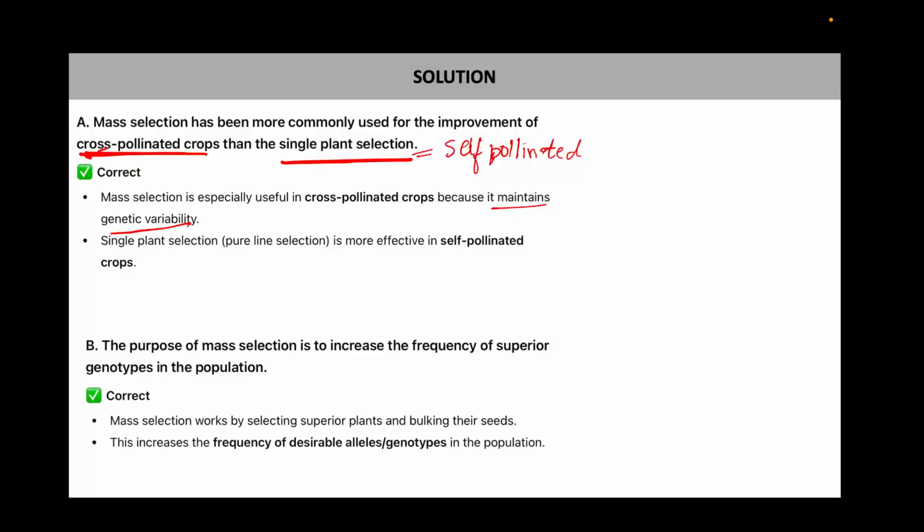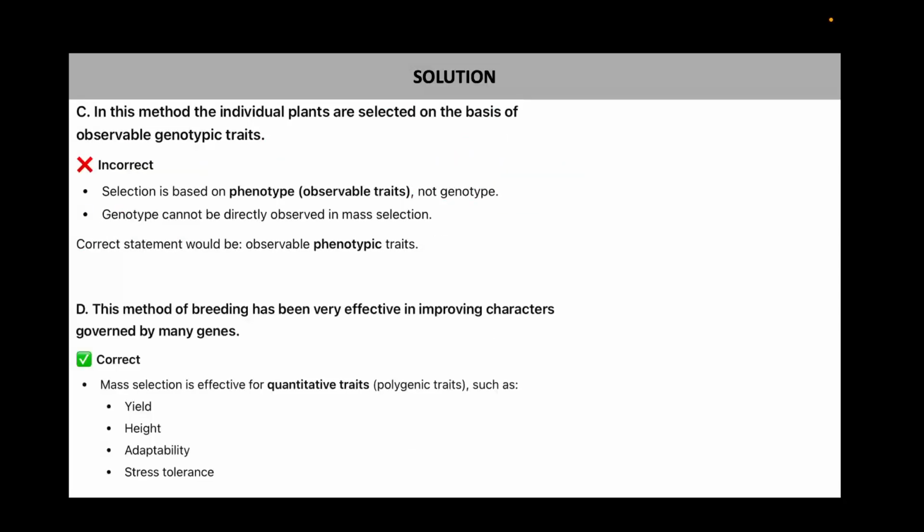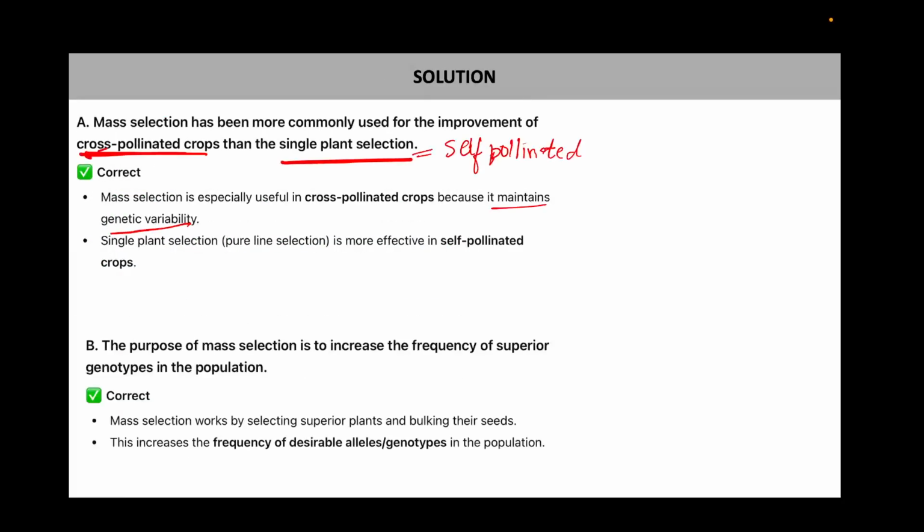Option B. The purpose of mass selection is to increase the frequency of superior genotypes in the population. Yes, this statement is also correct, because mass selection works by selecting the superior plants and then bulking their seeds.